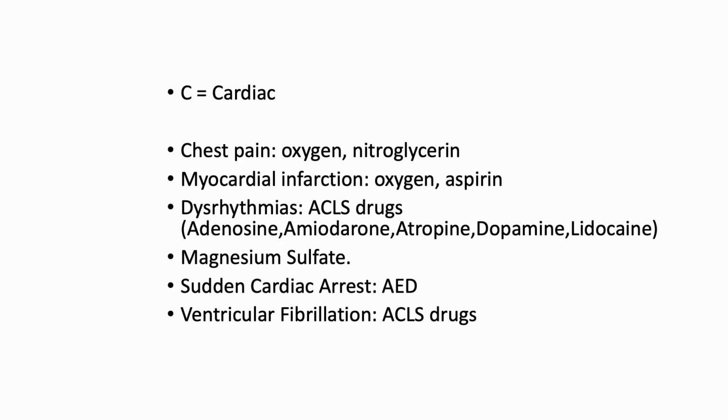For dysrhythmias, we can utilize advanced cardiac life support drugs, for example, adenosine, amiodarone, atropine, dopamine, lidocaine, and magnesium sulfate. For sudden cardiac arrest, initial treatment should start with the use of the automated external defibrillator. And for ventricular fibrillation, we can utilize the advanced cardiac life support drugs.